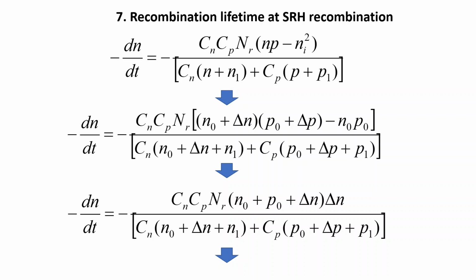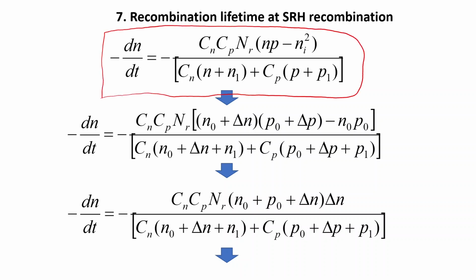So today we continue our work with trap-assisted recombination. Last time we stopped at this slide. Actually, we derived the equation for the net recombination rate of Shockley-Read-Hall recombination, or trap-assisted recombination, via a deep energy level located in the band gap.